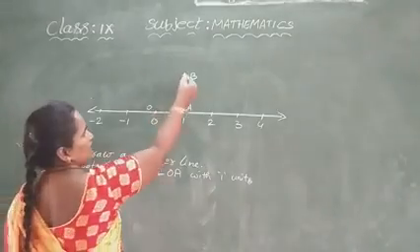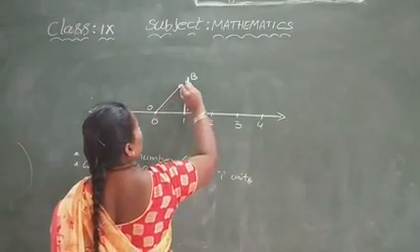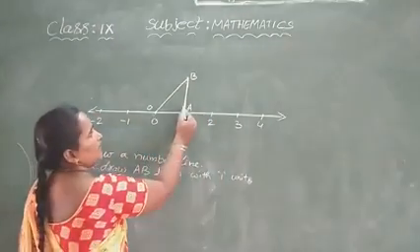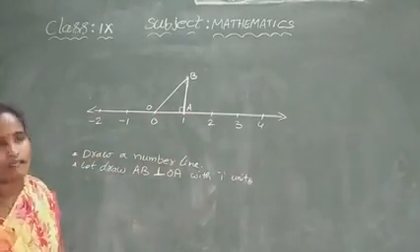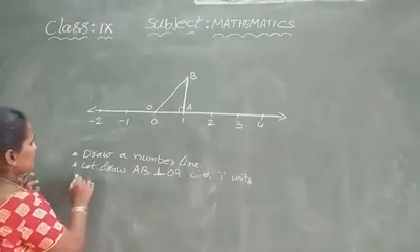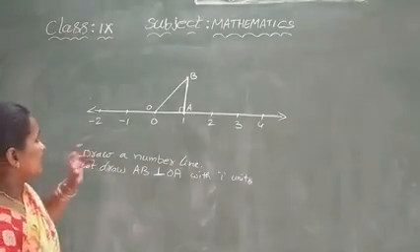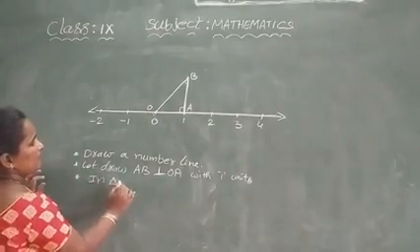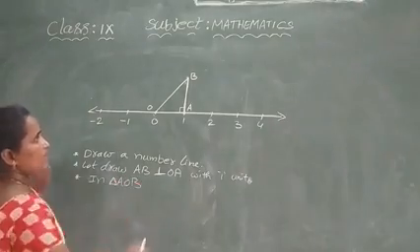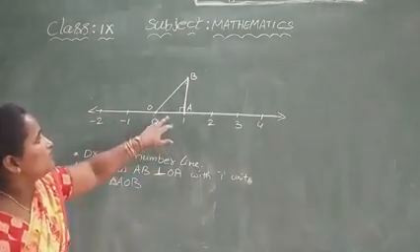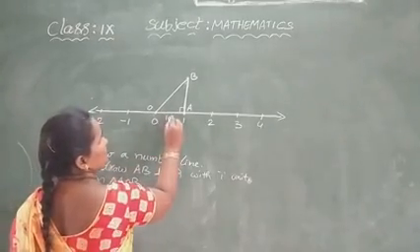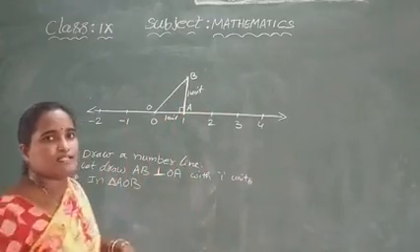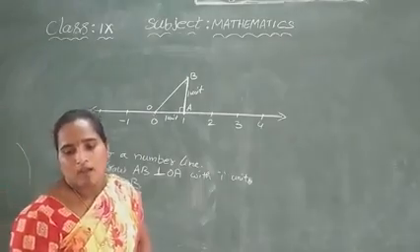Then join OB. It is a right angle triangle. In triangle AOB, this is 1 unit, this is 1 unit, and this one also 1 unit. You take both sides the same, 1 unit.